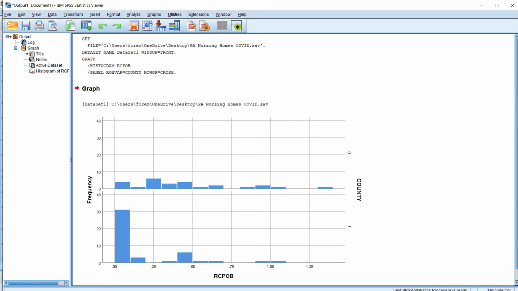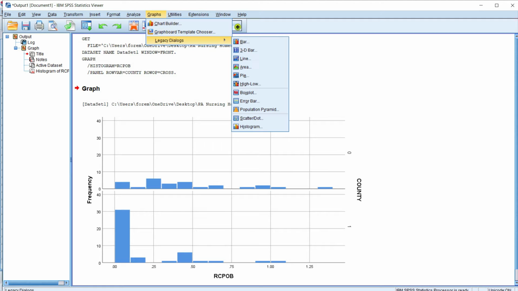And here we see for the county, it's not particularly normally distributed, but we're going to try it anyhow. We can do that also for our other variables.